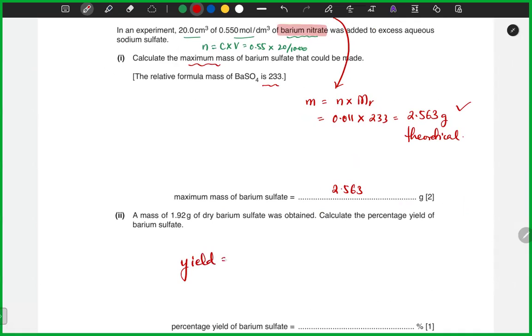Okay. Now I have to find the yield. Yield is what? Actual. He's given me the actual, 1.92. He's saying that he's getting 1.92 grams in reality. So what's the yield? Actual over theoretical. I calculated that I should be getting 2.563, but he said that he got 1.92. Here he has said, look, 1.92 was obtained. So I calculated it should be 2.563.